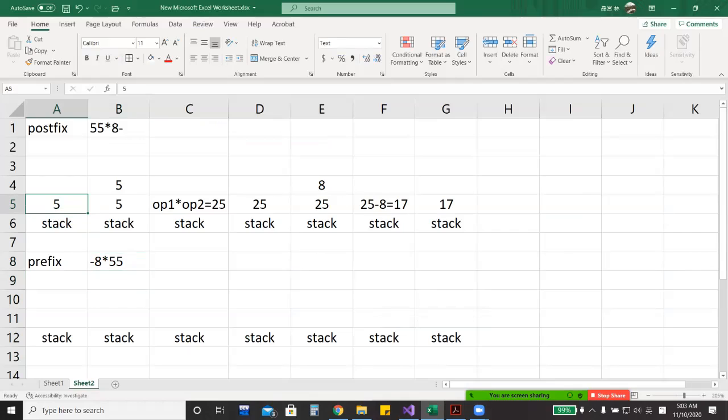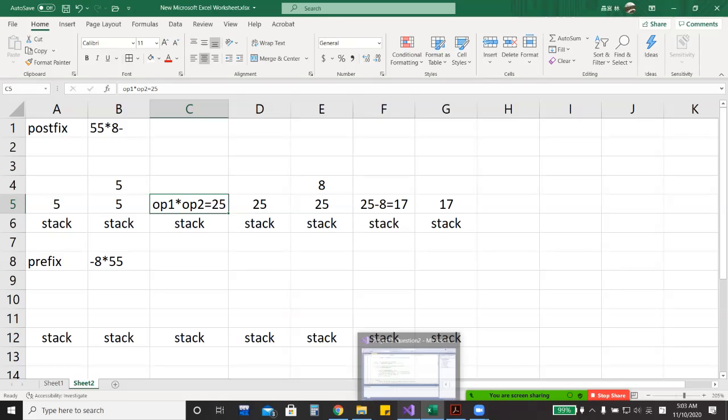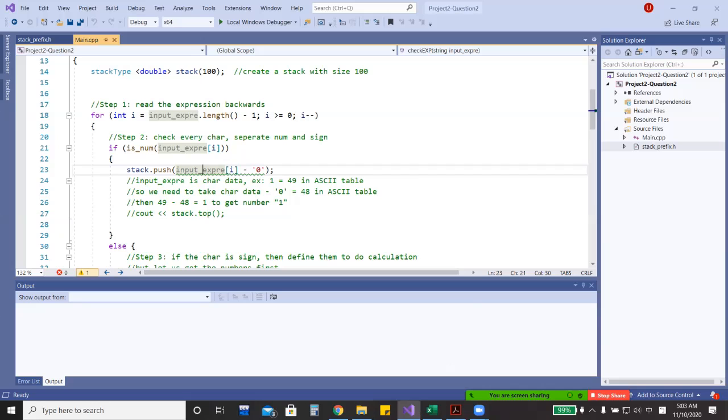If I push my character into the stack, when they get to this step, they cannot do the multiplication, because character times character is meaningless. I would have to do another definition or special code to deal with that calculation. So I have to convert my character into a digital number, into an integer.